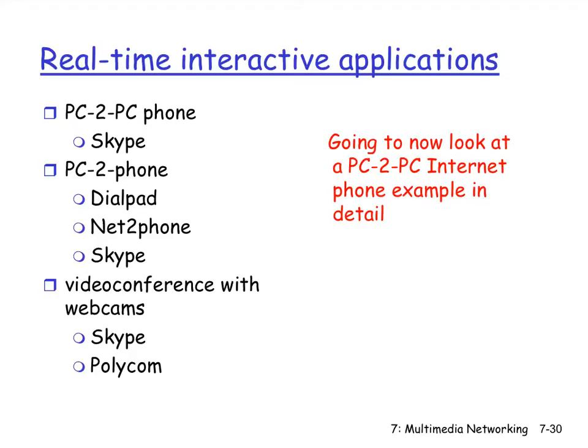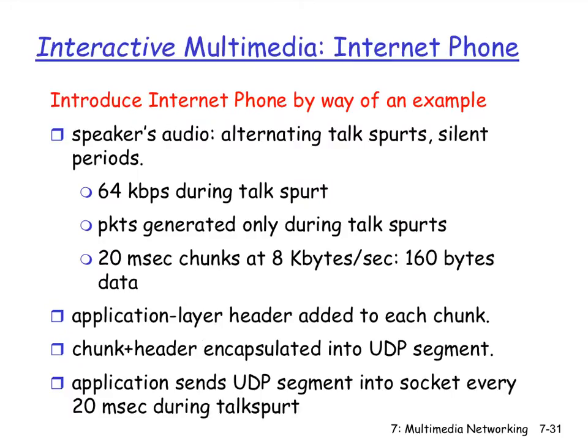We need to motivate this scenario with an example and study its special characteristics. As an example, we have an audio conversation between two parties, and uncompressed audio usually uses a rate of around 64 kilobits per second. Why is this?